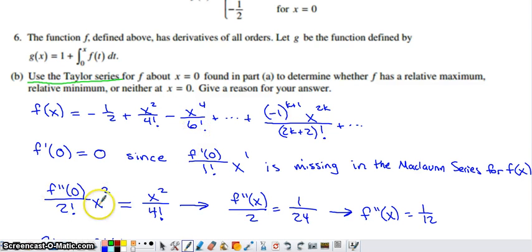Well, I've equated the definition from a Taylor series and applying the index value of 2 with the term that has the x squared in our series for f. And what I can actually do with this is I can solve it for f double prime of 0. I can go ahead and divide both sides by x squared, so basically these go away. So then I'd have f double prime of 0 over 2 factorial equals 1 over 4 factorial.